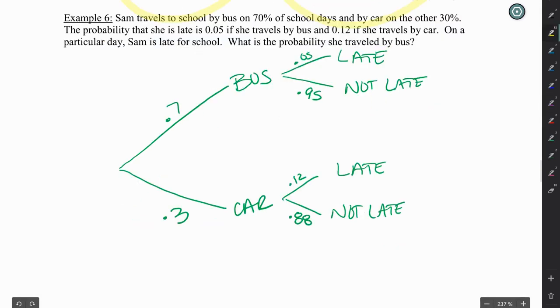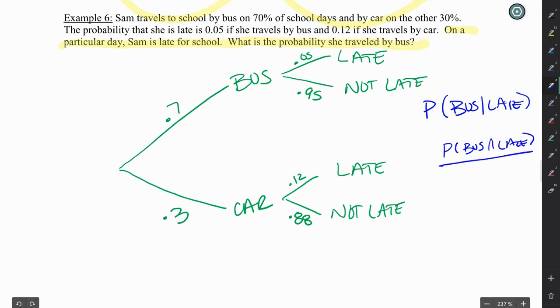Now, the question says, on a particular day, Sam is late for school. What is the probability she traveled by bus? So that means find the probability she traveled by bus given she was late. So to do this, it's the probability of bus and late divided by the probability that she's late.